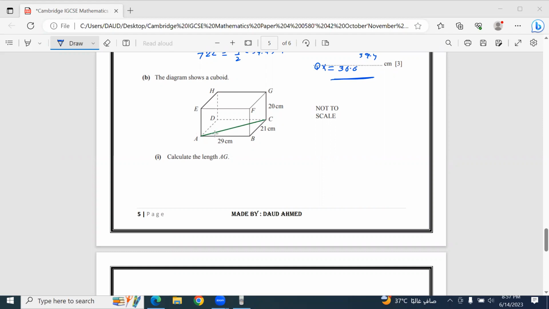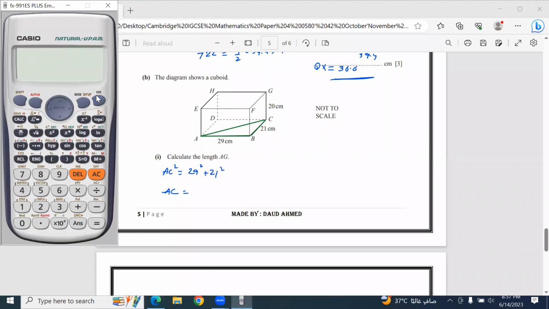The corner represents 90 degrees, so we can use the Pythagoras theorem to calculate AC. AC squared is the sum of squares of the other two sides, 29 squared plus 21 squared. We can check directly in the calculator.